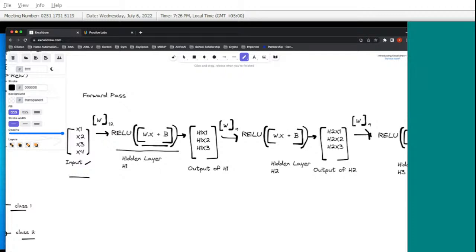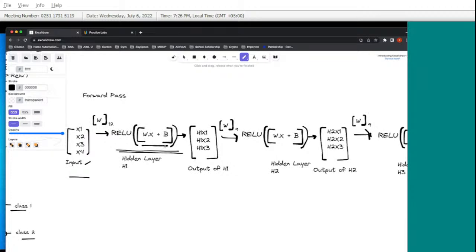ReLU is nothing but a function, and in that function I have given that summation. So this will give me exactly one output. I will come back to why there are, and what W12 is. But do you understand this notation now, that I have some summation and then on top of that I am doing an activation?